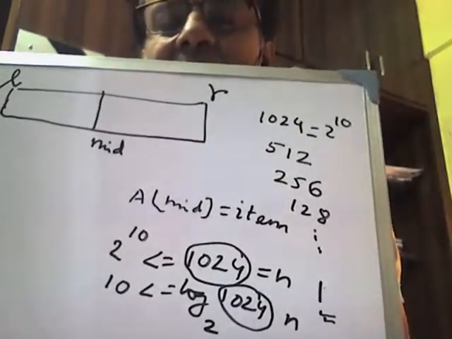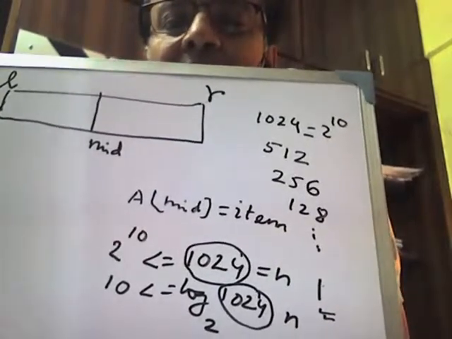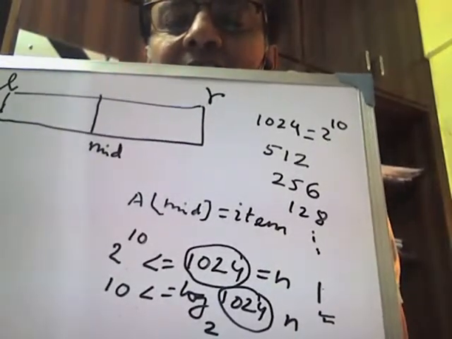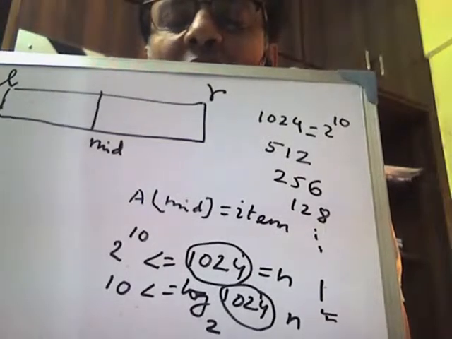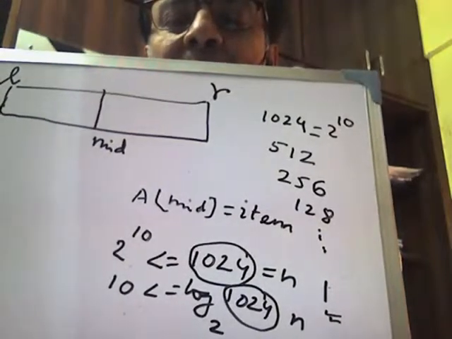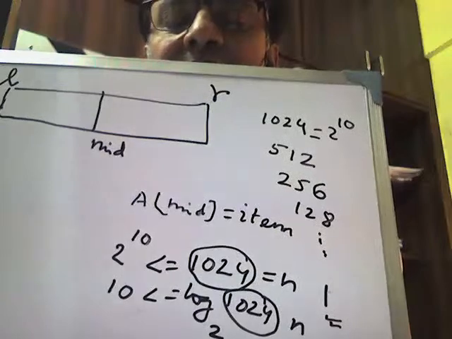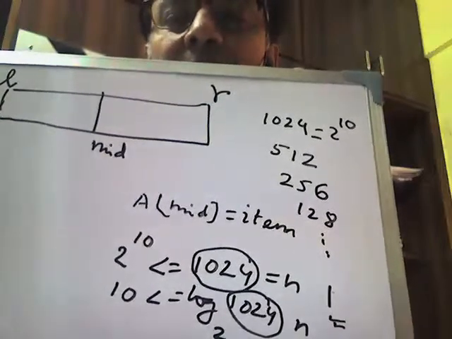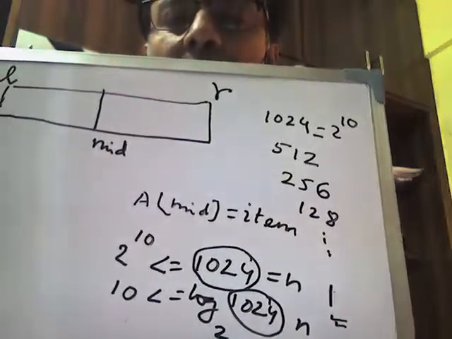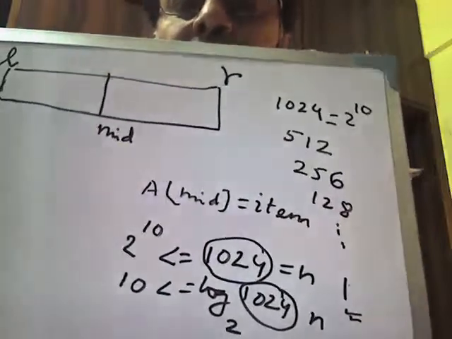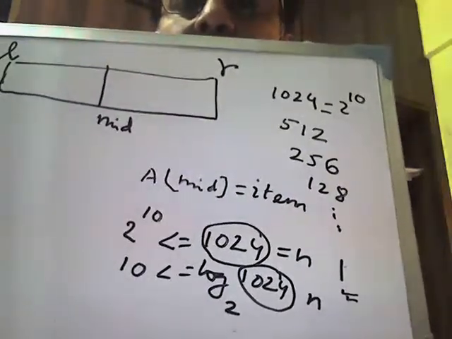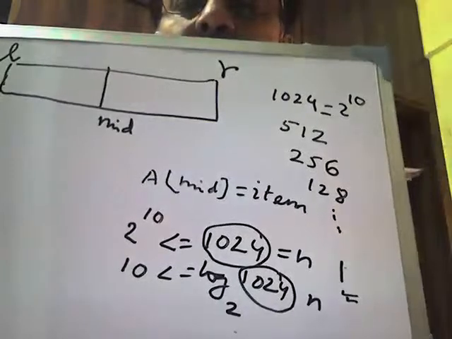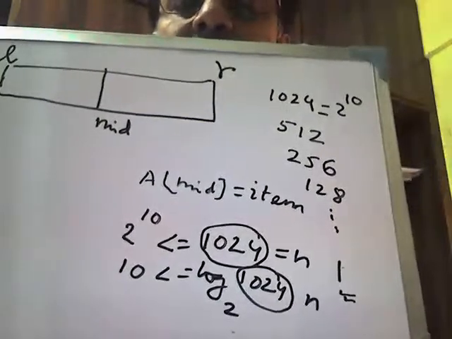That will take order 1. Is it clear? Because no shifting will be needed for the existing array elements, right? Is it clear? Okay.